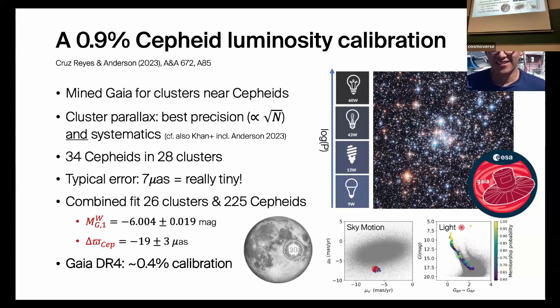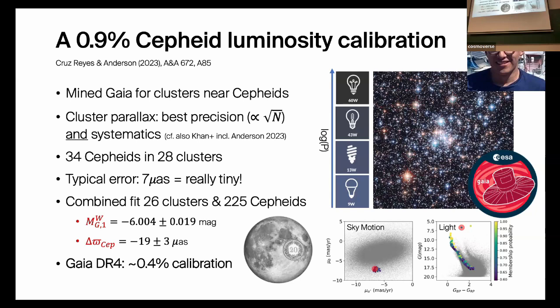And the reason is that what we want to do is replace the parallax measurement of the Cepheid with the average parallax measurement of the cluster. And we benefit here from an improvement in statistical precision because we can average over hundreds to about 1,500 stars in the biggest case. And we have the best understood systematics, as I showed you previously.